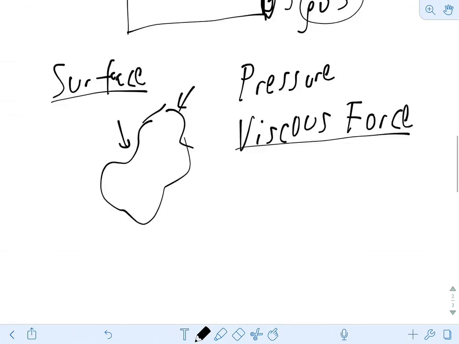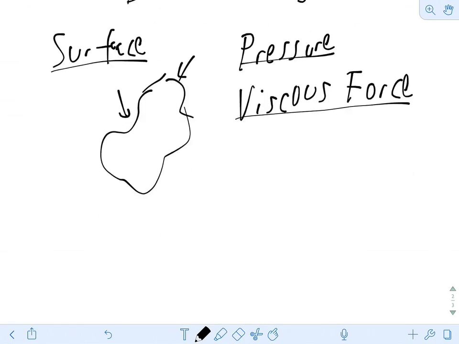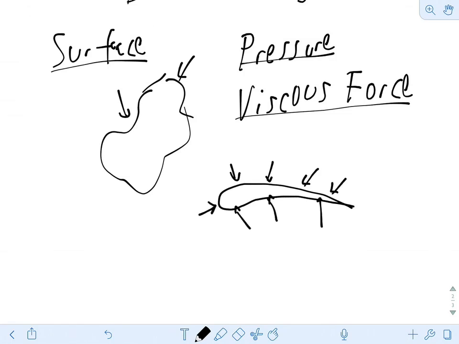Pressure forces always act normal to the control volume. If we want to make the surface of the wing an example, the pressure force always acts exactly normal to that wing. It may be positive or maybe negative, maybe sucking the wing or pushing down on the wing, but it's always acting normal to that.